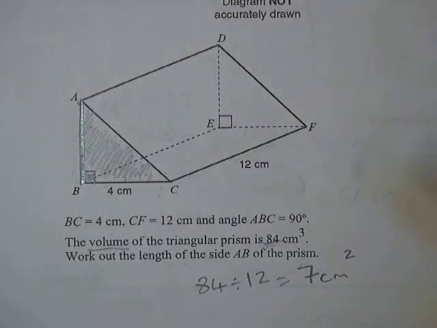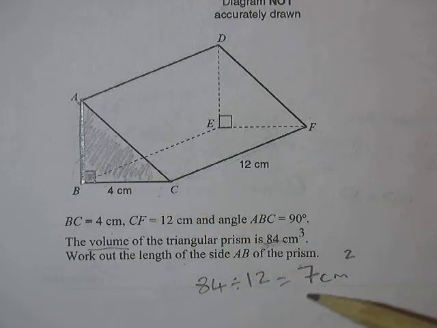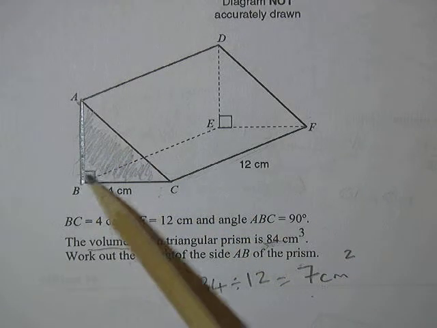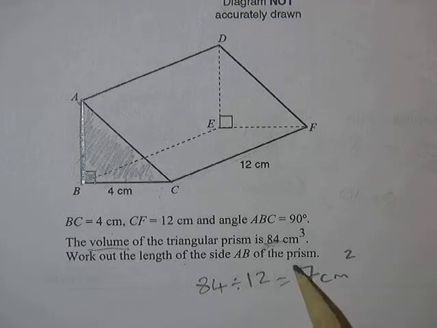So let's stick with this 7. I've done 84, the volume, divided by the length here, 12, to get the area of the cross section. I've got 7. Now I've only got one length here of 4. Now I need to know what I times 4 by to make double what the answer there is, and I'll explain that in a minute.